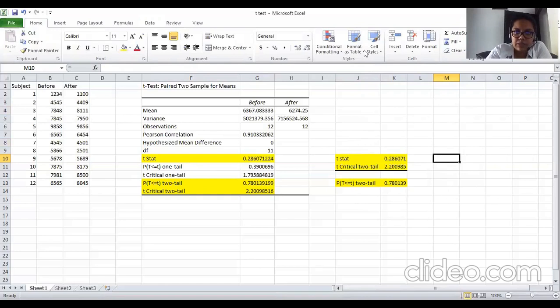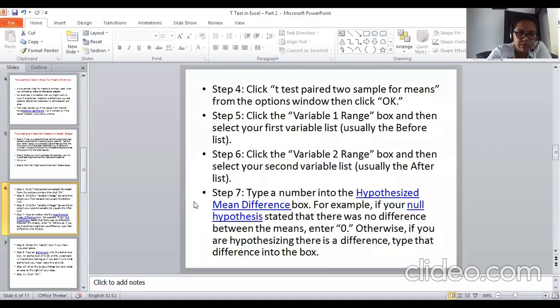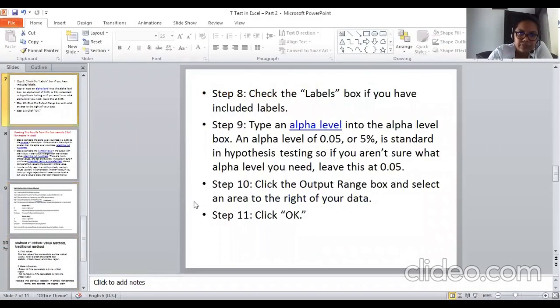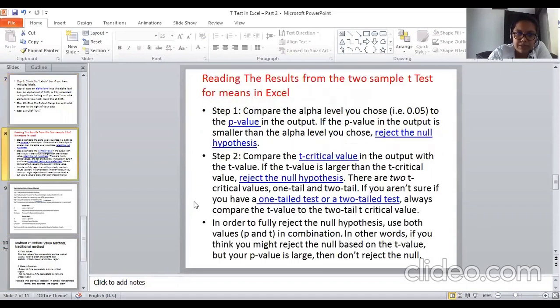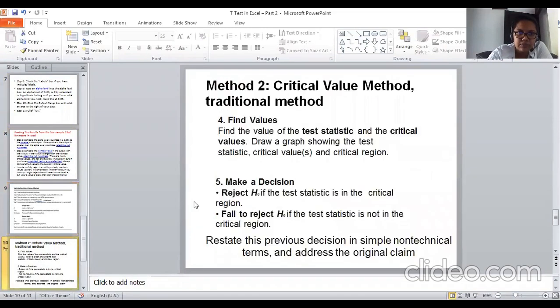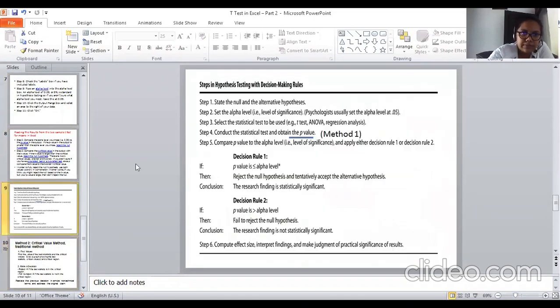So here we look at the decision rule, in case you can't remember it. We have followed all these steps, and now we are left with interpreting the result. Look at this one: steps in hypothesis testing, steps in decision making.